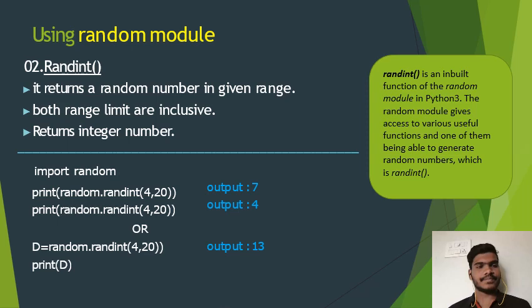Another property of random is randint. Randint is an inbuilt function of the random module in Python 3. The random module gives access to various useful functions, and one of them, able to generate random numbers, is randint. Example is given below.